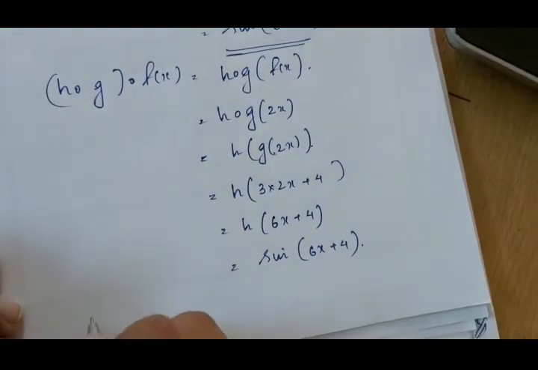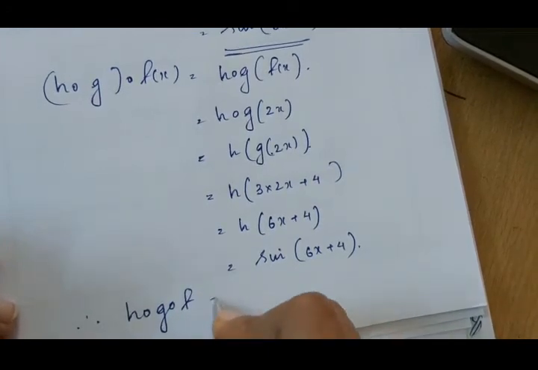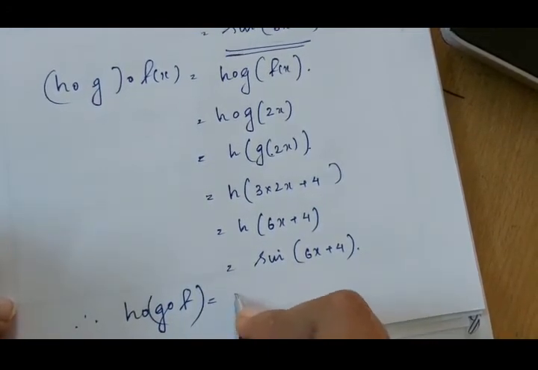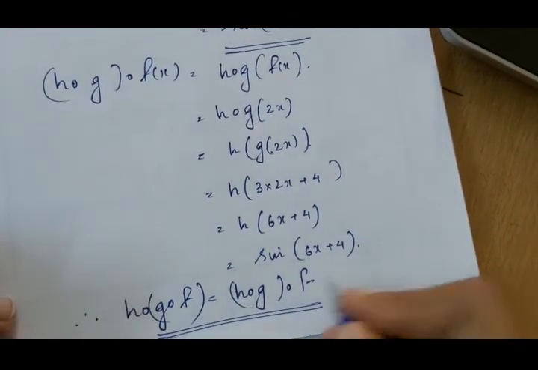So we can say that h composition g composition f is equal to h composition (g composition f). The values are the same.